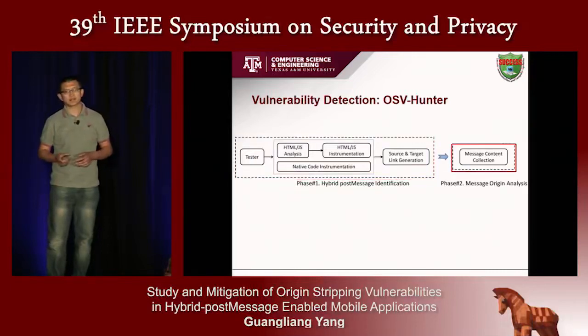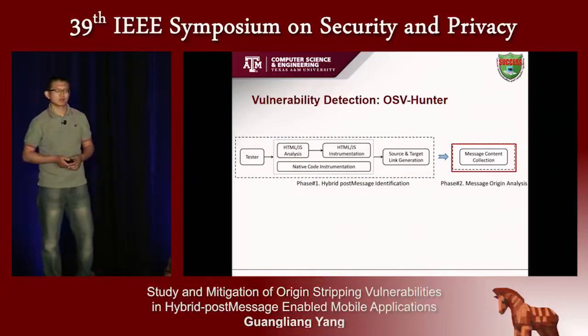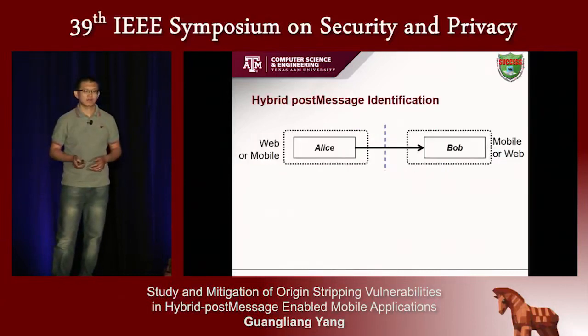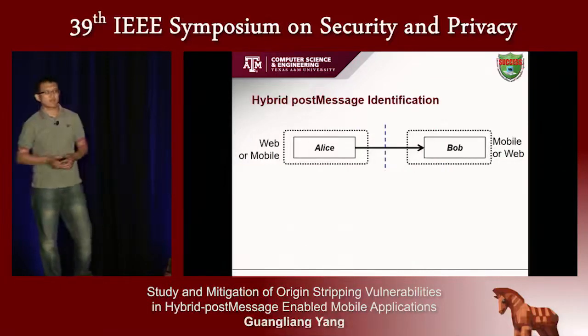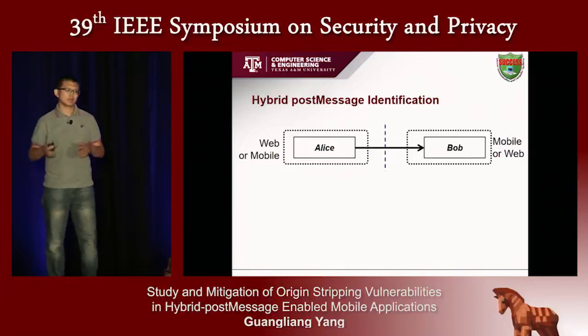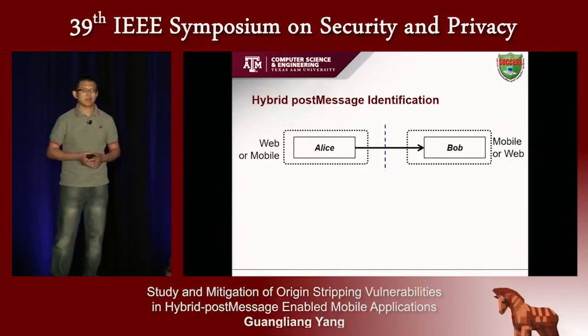In the second step, OSV Hunter will determine if a vulnerability exists in a given app. More specifically, in the first step, OSV Hunter faces some challenges to identify message senders and message receivers because they are usually located in two different platforms, and there is a semantic gap between them.